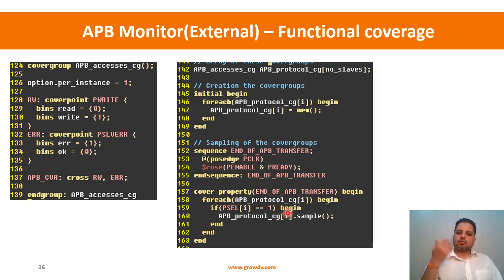When you do it much more away from the DUT, you have the possibility of getting false coverage, and when you use many sampling events which are not qualified, then also you have the chances of false coverage affecting the quality. So in this case, I think it's being done at the right place and at the right time, at the end of the transaction.